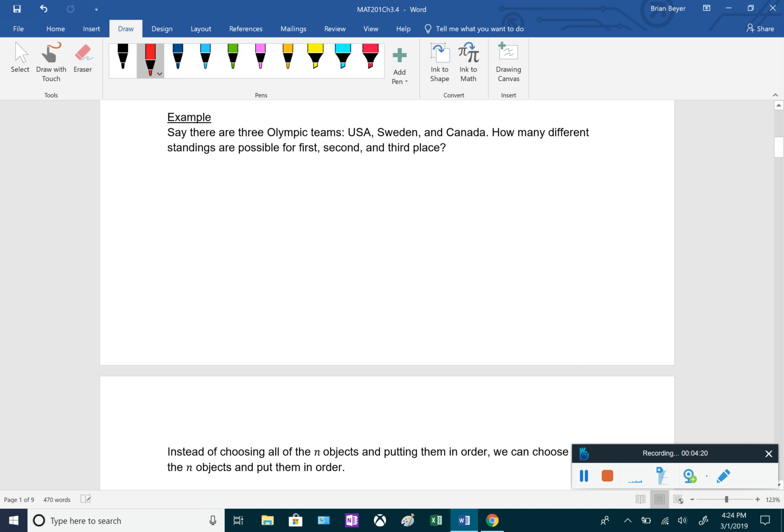Let's get in the habit of just deciding if order matters, because when we get to combinations, it's going to be a little bit different. Before we actually do the little formula, I'm going to write down all the possible outcomes. I'm going to pause it and fill in all of these outcomes.